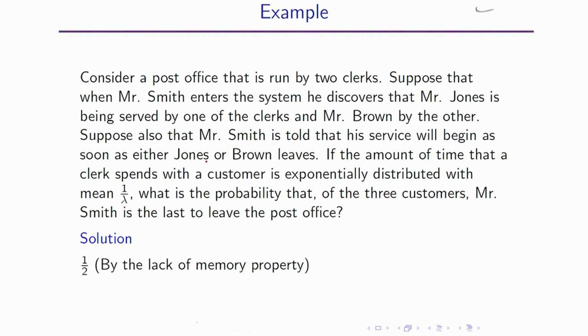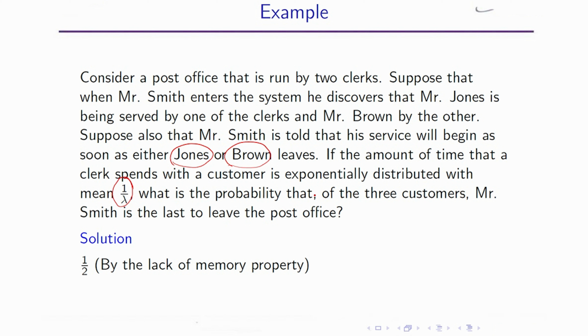Mr. Smith is told that his service will begin as soon as either Jones or Brown leaves. If the amount of time that a clerk spends with a customer is exponentially distributed with mean 1 over lambda, what is the probability that, of the 3 customers, Mr. Smith is the last to leave the post office?